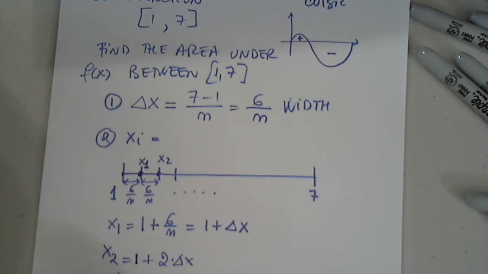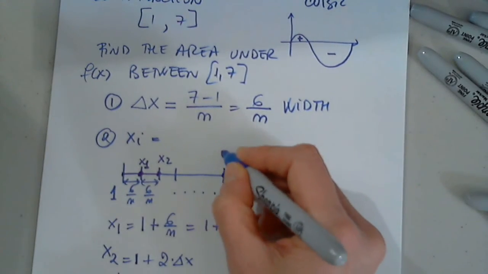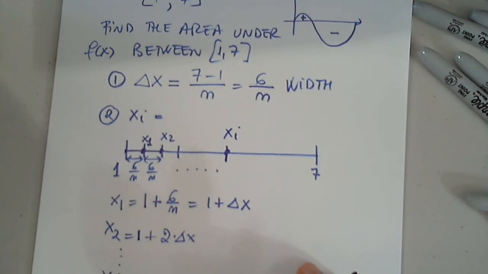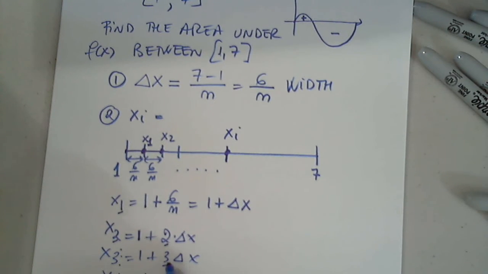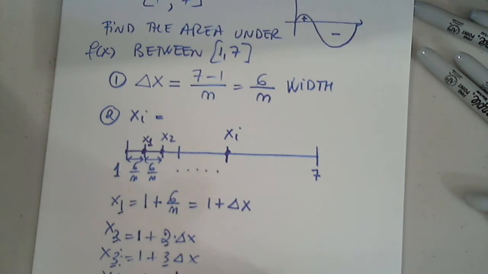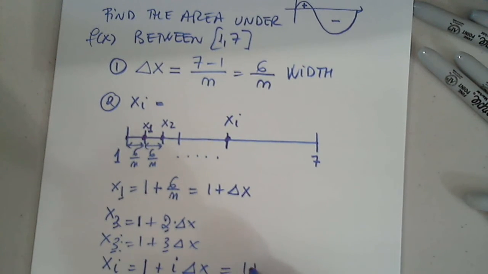And I continue like this, but I really need xi. So xi is right here. So how will I write xi? Of course 1, so notice 1, 1 in front, 2, 2 in front, 3, 3 in front. So this will be 1 plus i delta x, or 1 plus 6i over n.